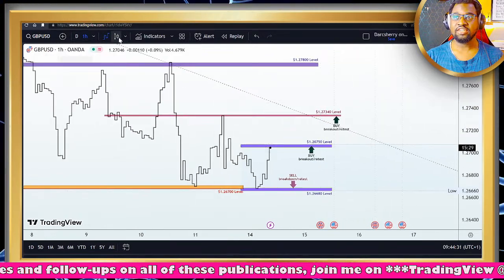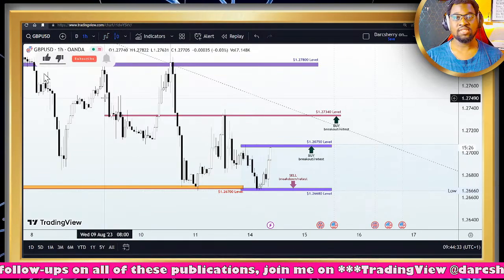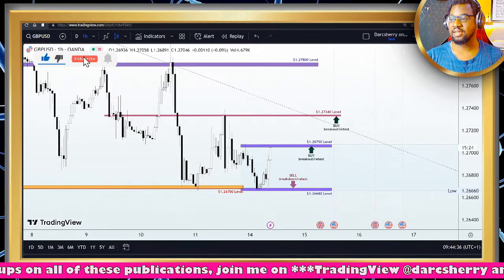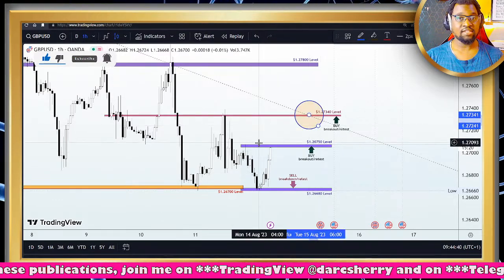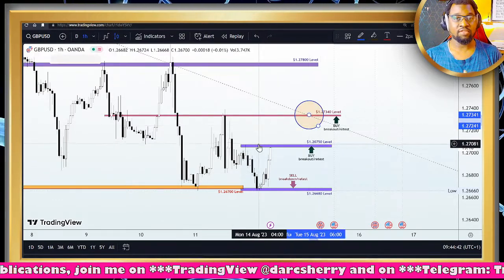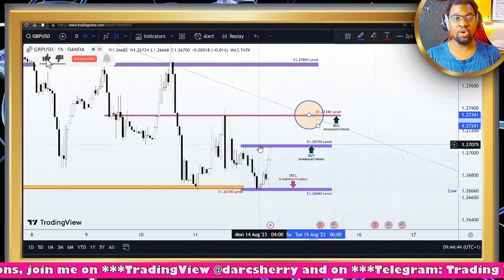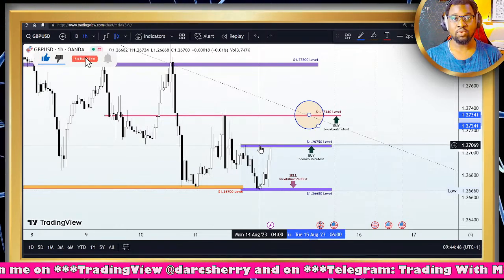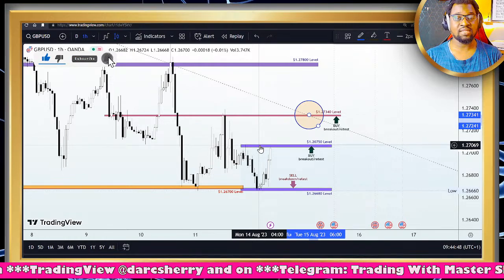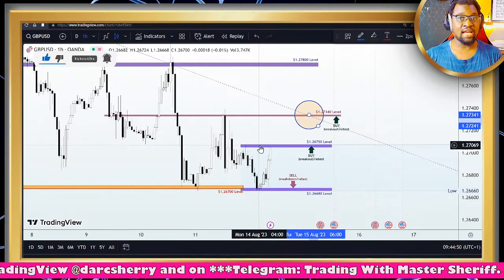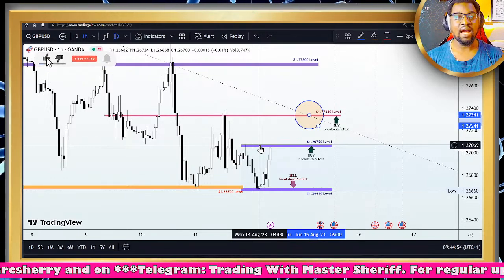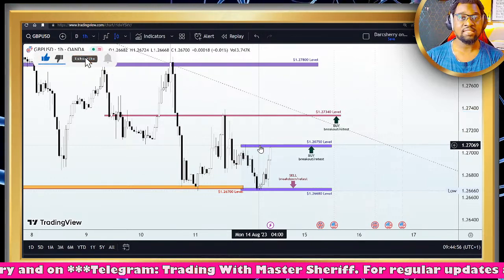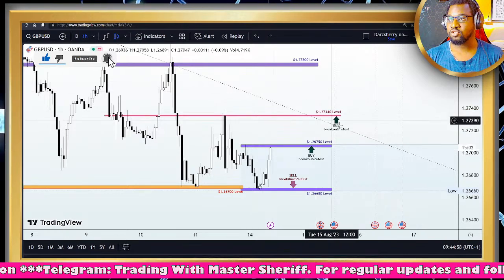And one interesting thing about the 1.27340 level is the fact that it also shares a confluence with that descending trend line we identified on the 4 hours time frame. So for those who have not watched the video on the GBPUSD, it's very, very important you watch that video so you can have a better understanding of what that trend line really means and how it's going to be serving as a key determinant of price action for this week.